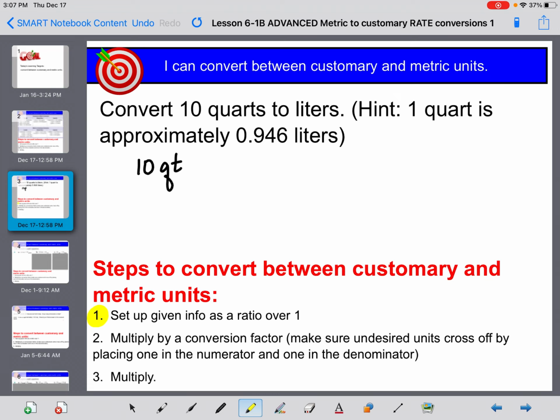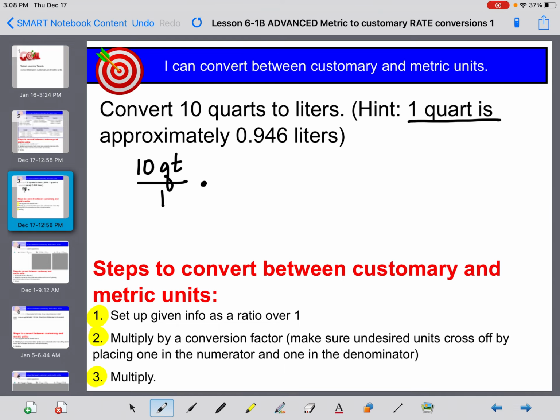In order to do this, you want to set up the given information as a ratio over 1. I'm given 10 quarts, so 10 quarts over 1. Step 2, multiply by a conversion factor, making sure the undesired units cross off, and then multiply.